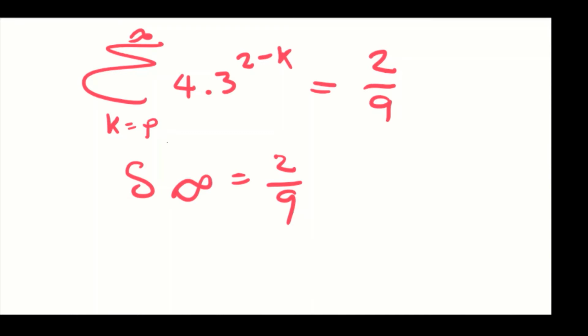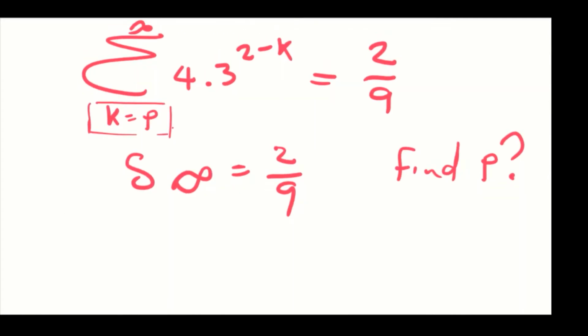And we are given that k is equal to p, right? So we are asked to find the value of p, right? For us to find the value of p, we already know the previous terms that we found were 12, 4, and 4 over 3, right?